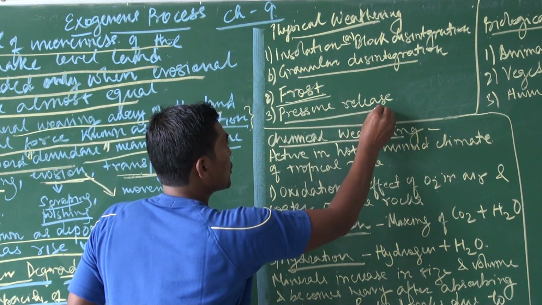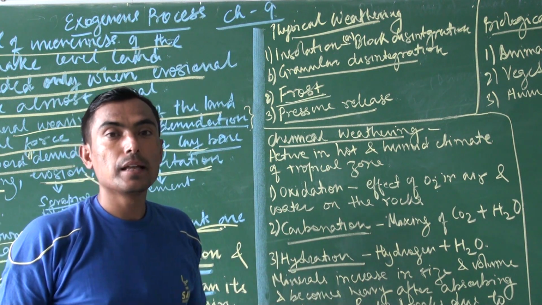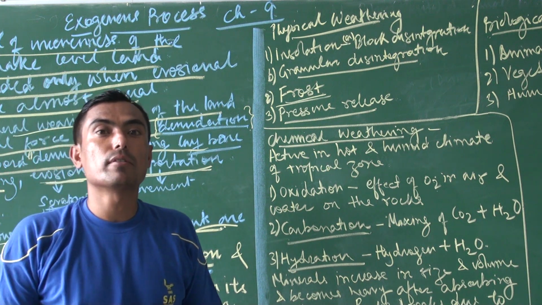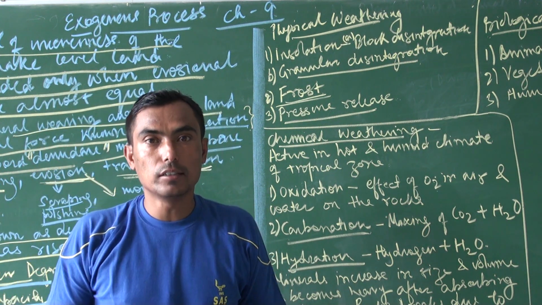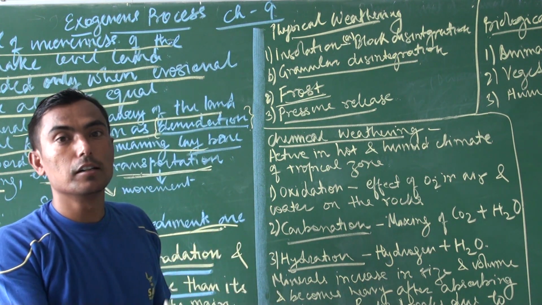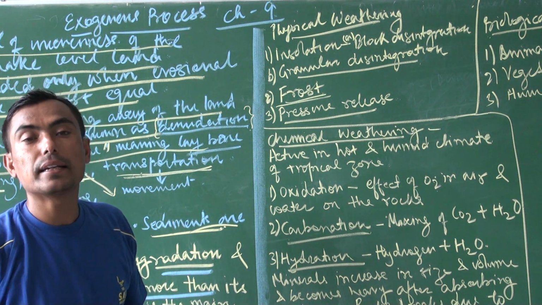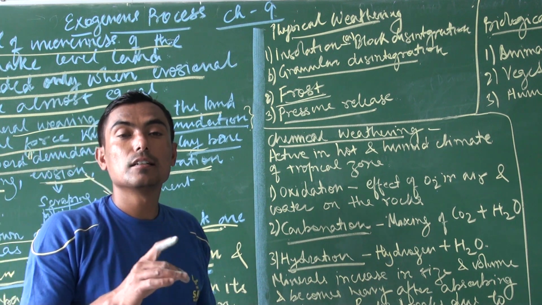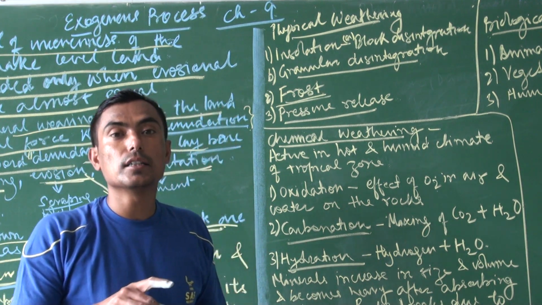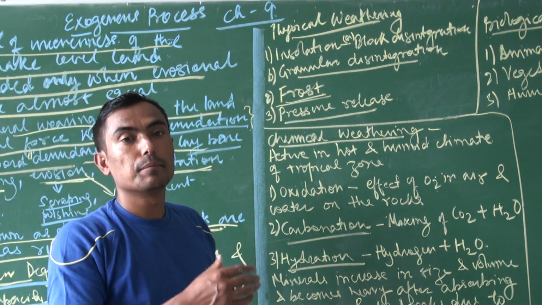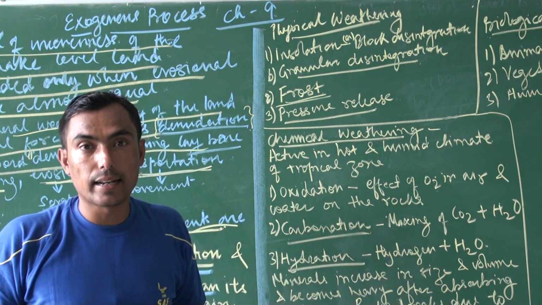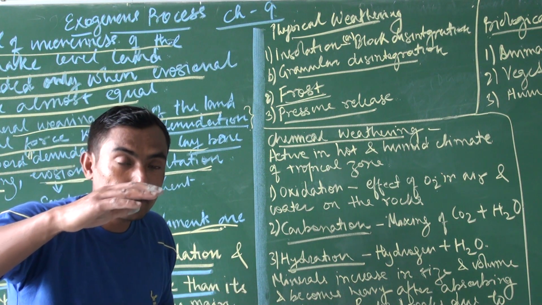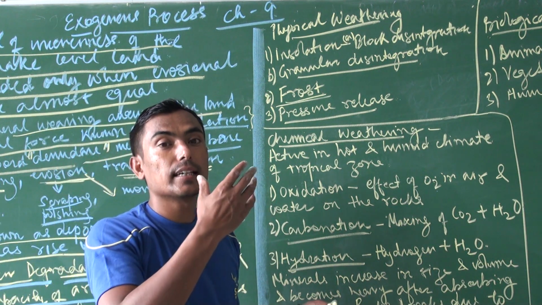Next is pressure release. Especially the igneous rock and the metamorphic rock are found at the deeper portion of the earth's surface. And above those rocks, there are many sediments, different types of sedimentary rocks. When the sedimentary rocks or sediments are eroded by the agents of weathering, like winds, water, or the movement of glaciers, and they are completely removed, the rock gets exposed.